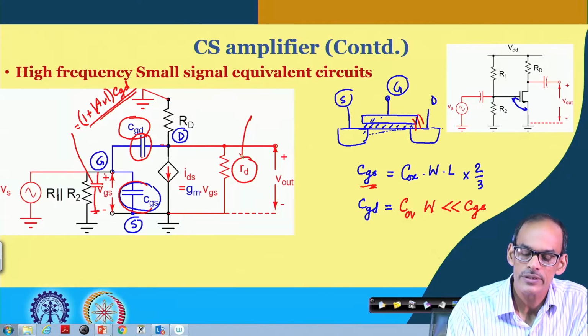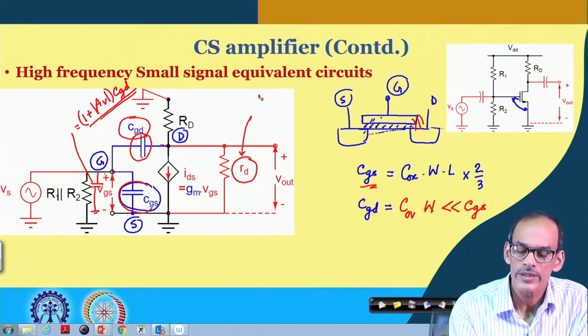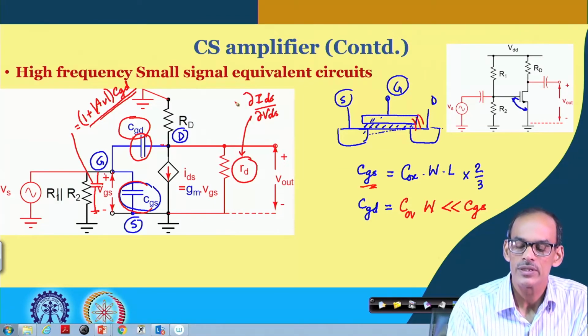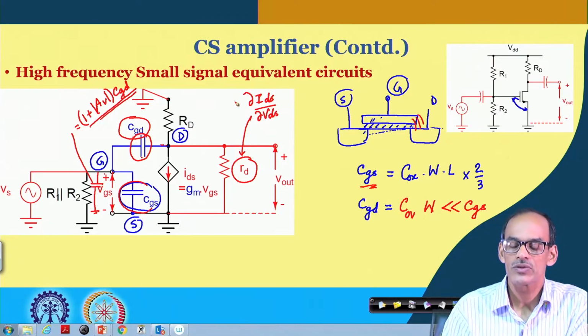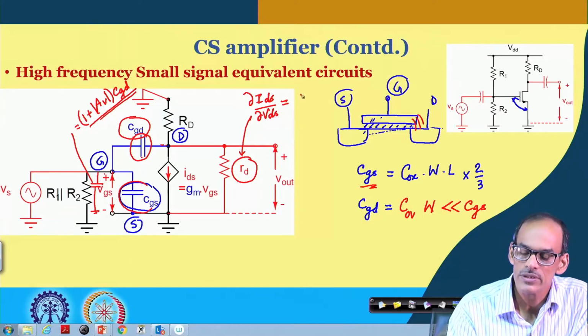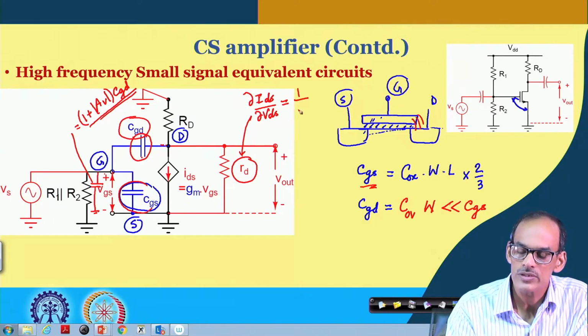and this is coming due to IDS having some dependency on VDS. So, if I take the change in IDS with respect to VDS, that is the output conductance, or we can say 1 by output resistance.